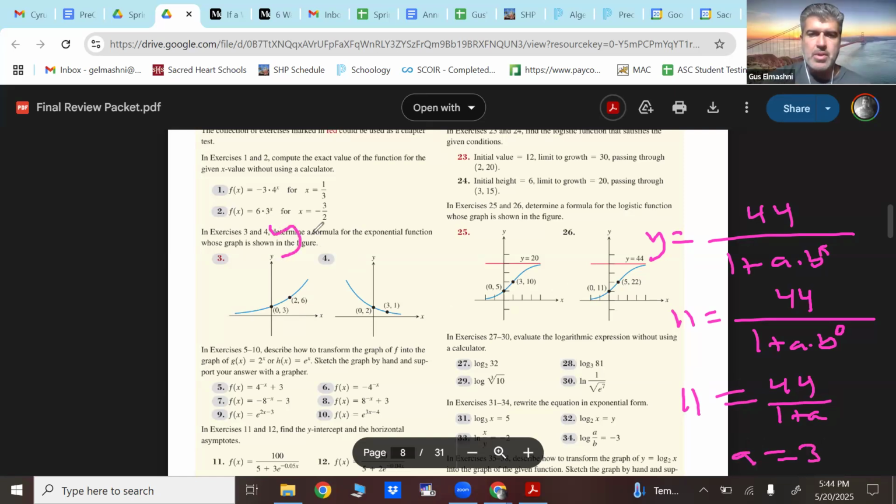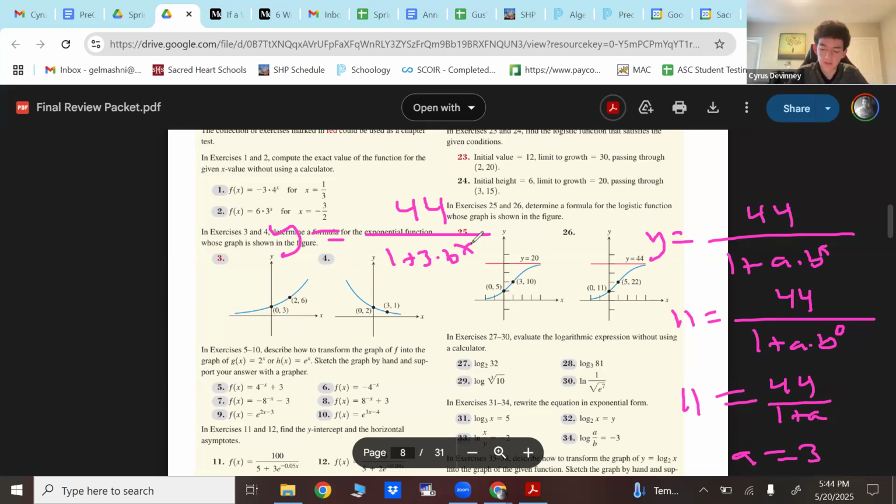So now y will equal 44 over 1 plus 3 b to the x. Now putting a 5 for x and 22 for y and keep solving. And then plug in 5 for x and 22 for y. So 1 plus a times b to the 5th.